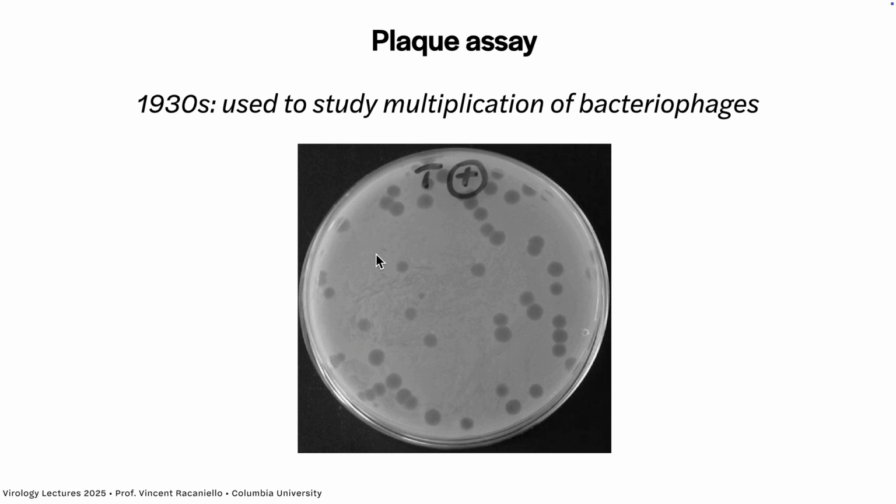And the E. coli forms a lawn that you can see. And then when there is an infection initiated by a single particle, the result is a clearing or what was called a plaque. And you could count these plaques and express infectivity in terms of plaque-forming units per milliliter.